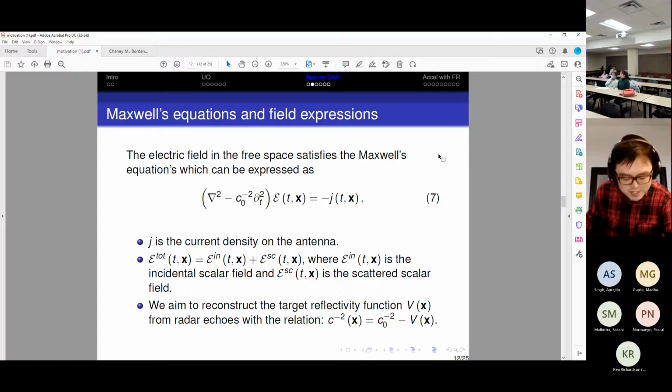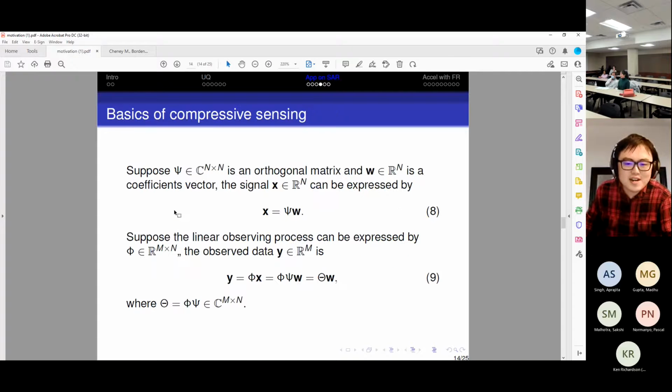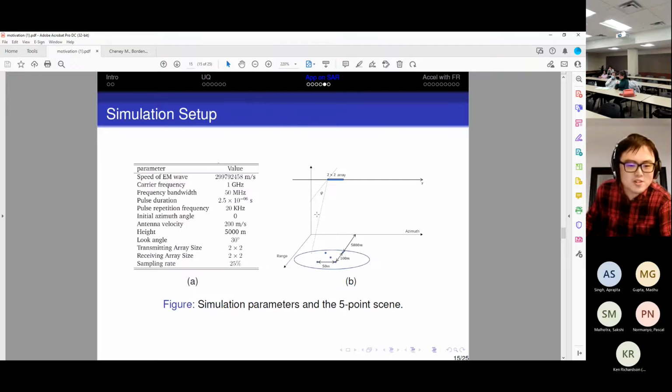After some approximation and simplification, we can solve for the scattered field given as this integration. This equation can be represented as a linear equation, and then similar techniques can be applied to form an image.